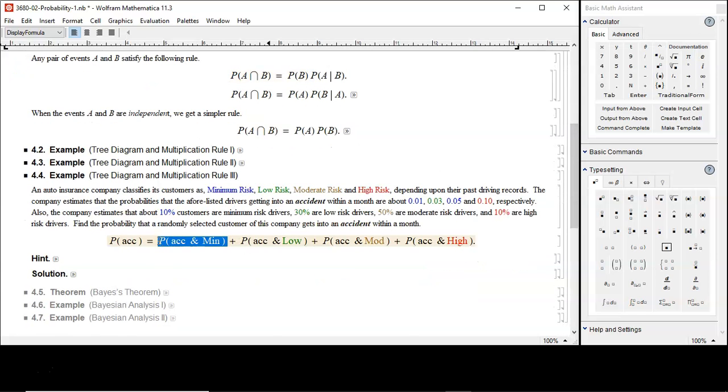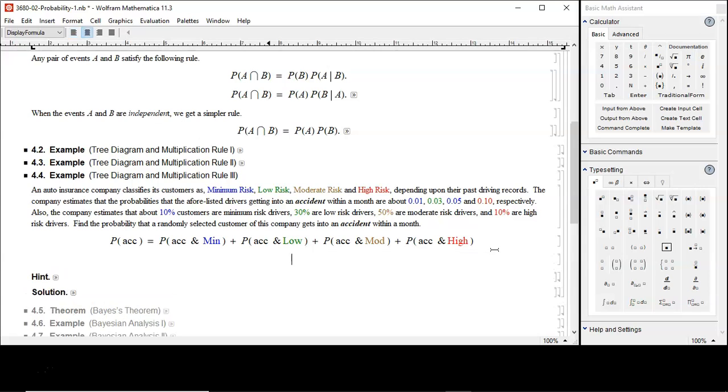Shall I look at this? That can be rewritten as probability of, let's see, this is A and B, and then we have the probability of a minimum risk driver here, and then we have a conditional probability of a minimum risk driver getting into an accident.